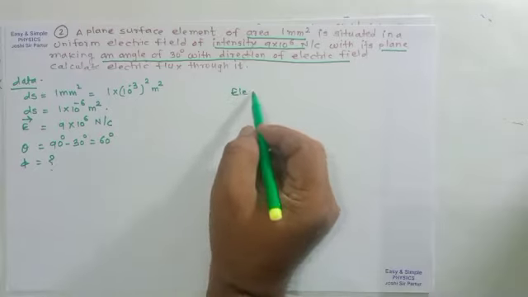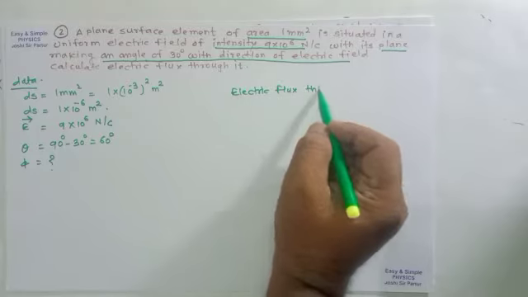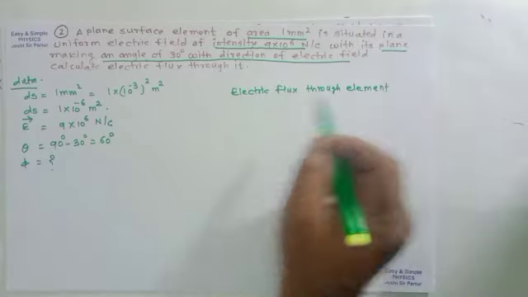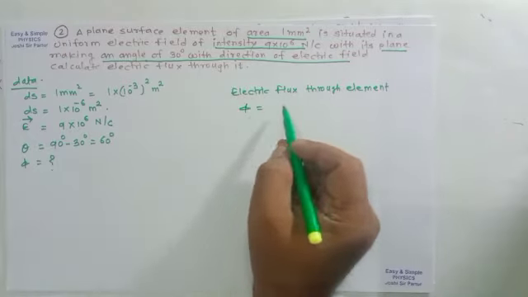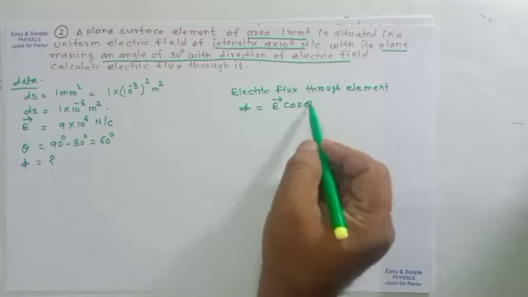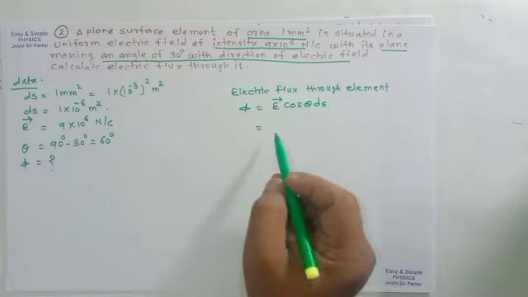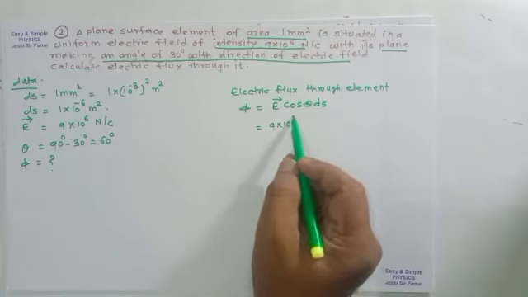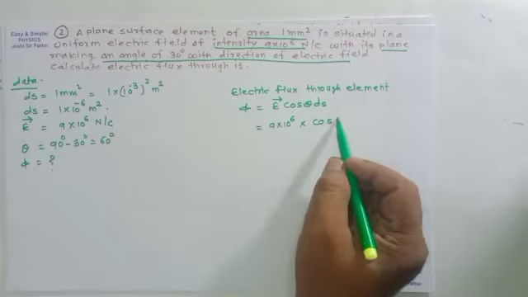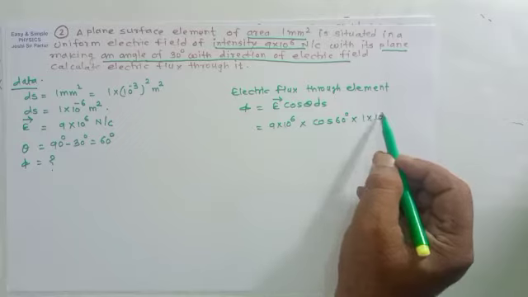So the electric flux through the element, its formula will be phi is equal to vector E cos of theta into ds. If we substitute the values, vector E will be 9 into 10 raised to 6 multiplied by cos of 60 degree multiplied by 1 into 10 raised to minus 6.